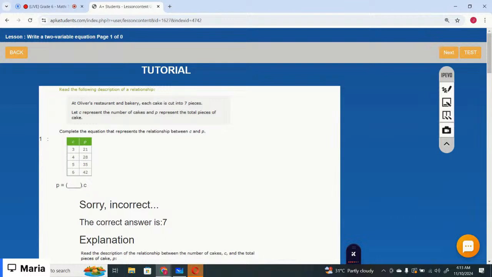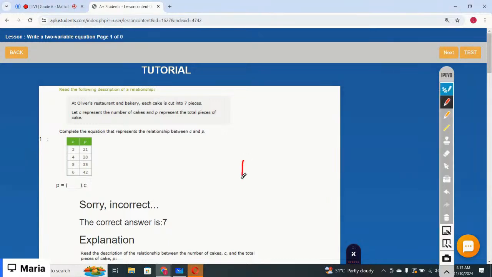So you need to complete the equation. The equation is P equals the missing number times C. You need to find that missing number, right? So the relationship you need to find here is 3 and 21, 4 and 28, 5 and 35, and 6 and 42, right?